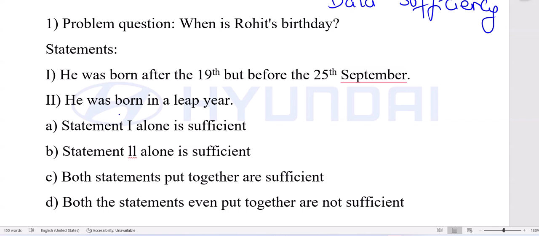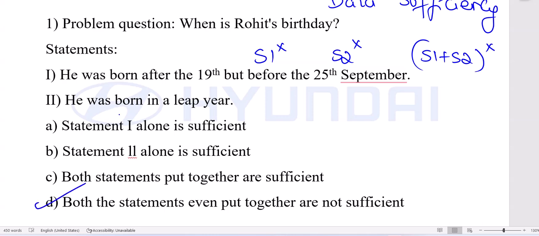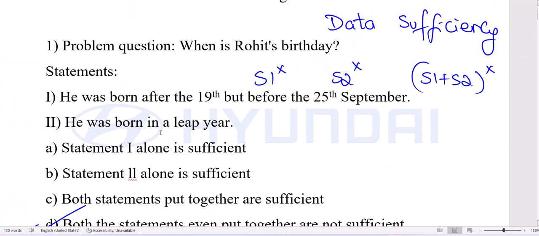One alone we cannot decide, two alone we cannot decide, together also we are not able to decide. So we have to go with option D. Put together are not sufficient. Both statements put together not sufficient. Data sufficiency related question.